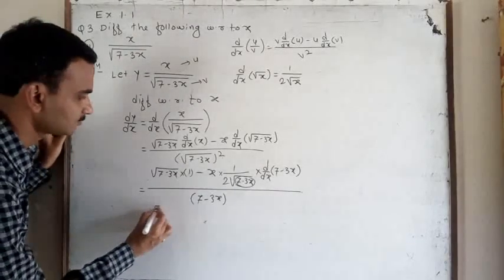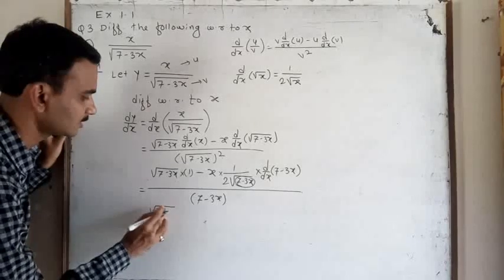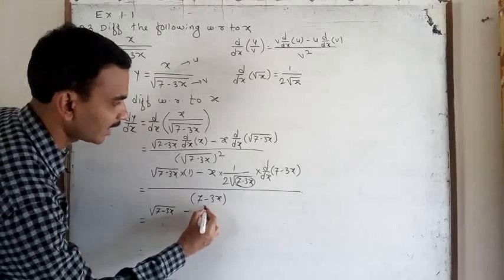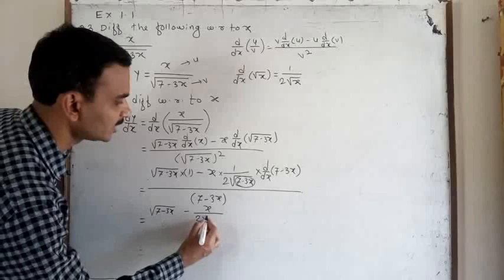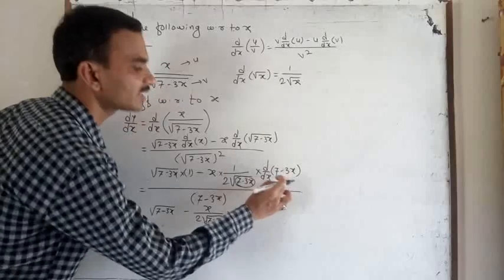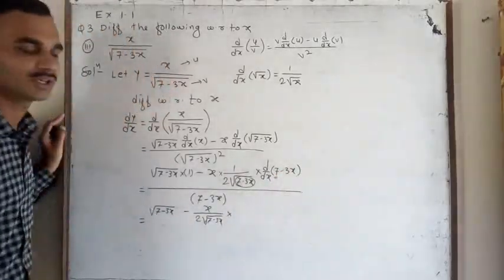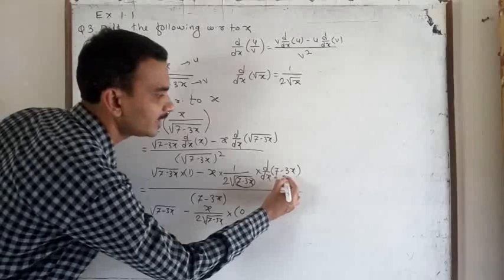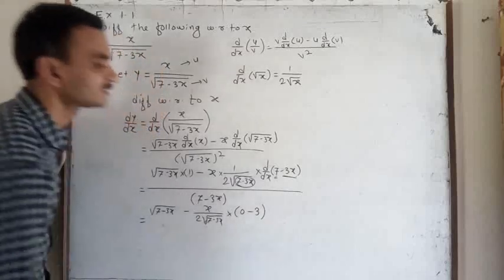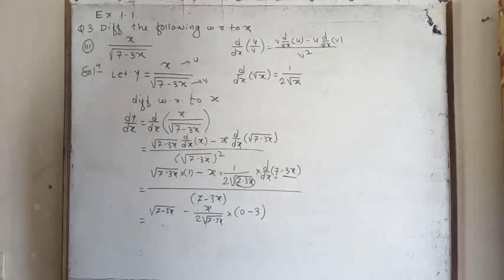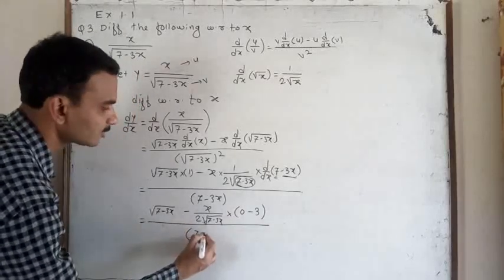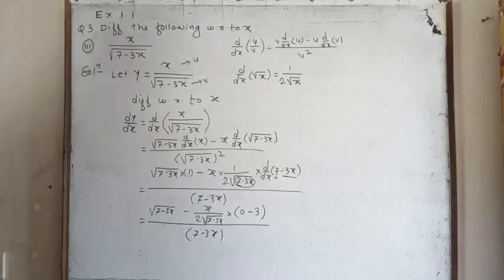This term is as it is, 7 minus 3x, minus x upon 2 under root 7 minus 3x into d/dx of 7 minus 3x. Derivative of 7 is 0 and derivative of minus 3x means minus 3, only minus 3, upon 7 minus 3x.